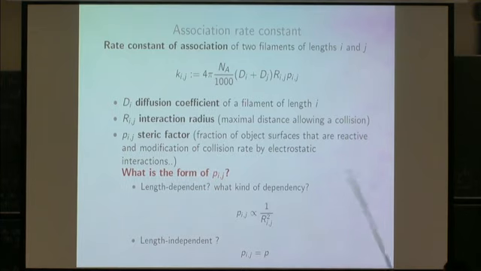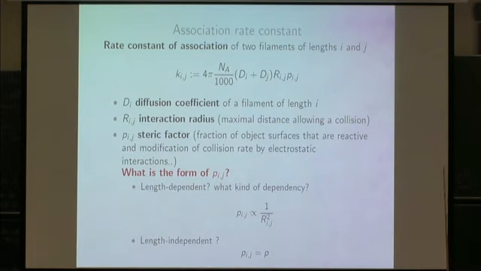First, the probability of aggregation given we have a collision is either dependent on the length of the filament, or it's just constant. So whatever the length of the filament interacting is going to be the same. And in here, in fact, the probability is just inversely proportional to the surface of the sphere including the two objects. Okay?